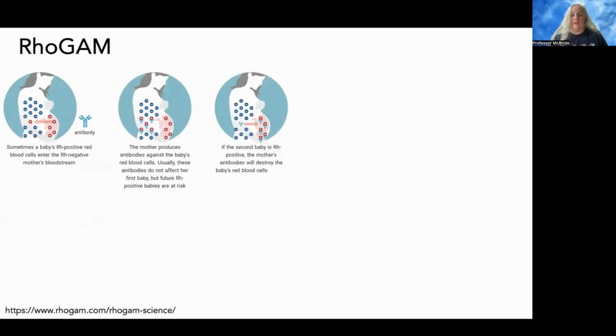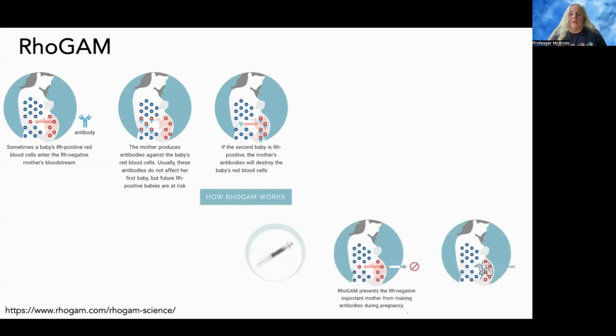So here is a picture from the RhoGAM.com website where we can see mom is negative, baby's positive. If the positive blood type is seen by mom's body, these antibodies can build up in her body and then attack the baby. Most often, as stated, this is going to affect a future pregnancy.